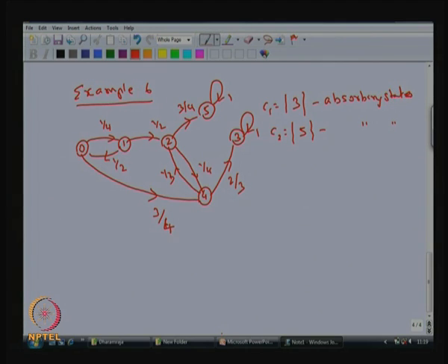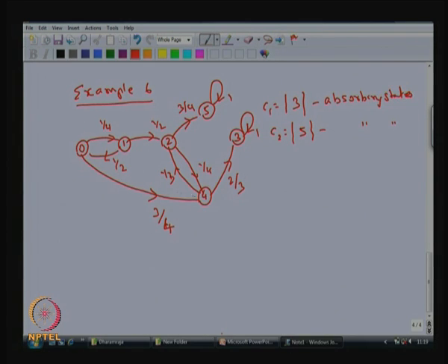Now, I can go for classifying the states 0, 1, 2 and 4, because it is a finite state discrete time Markov chain. If the system starts from state 3 or 5, it will be in state 3 or 5 forever, because both are absorbing states.